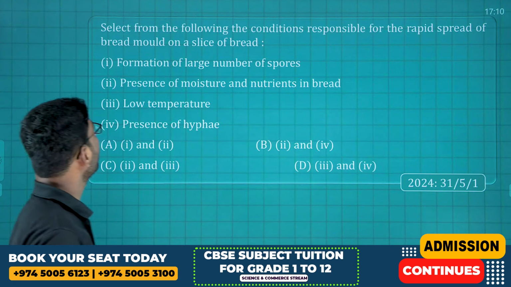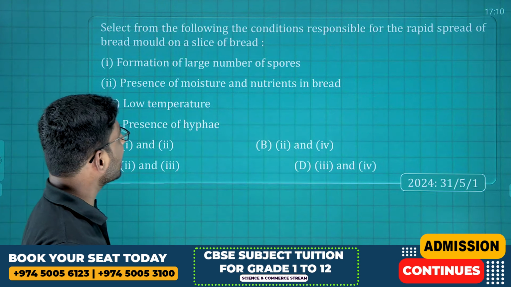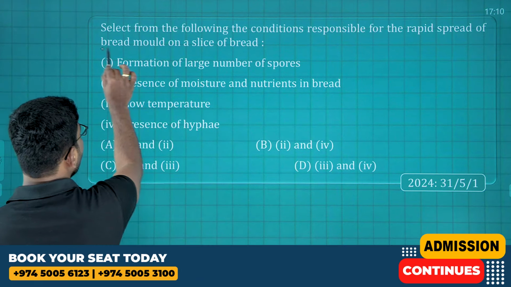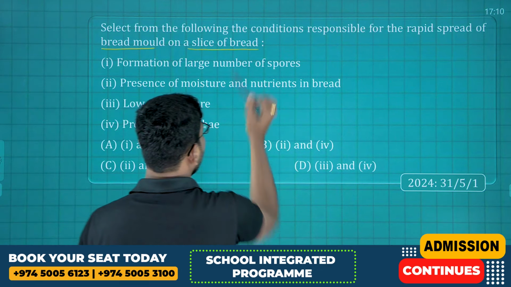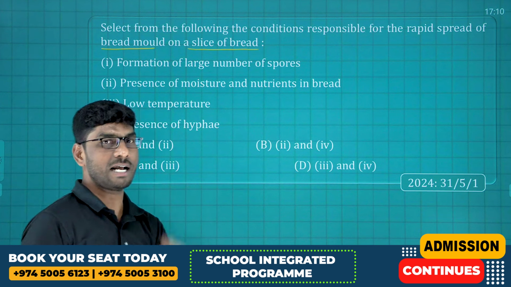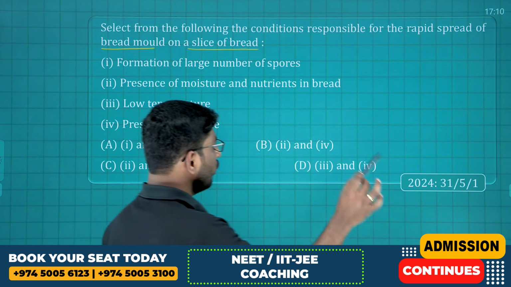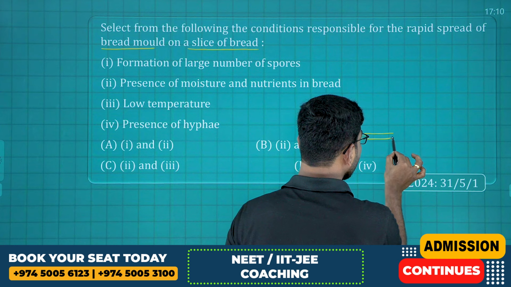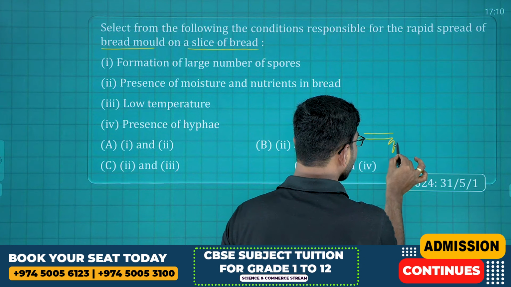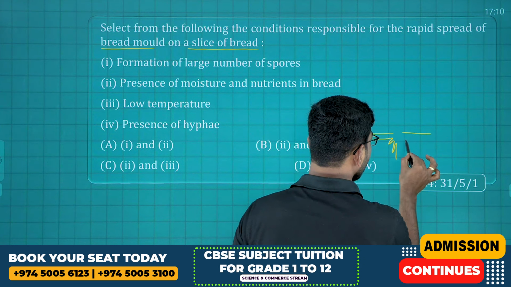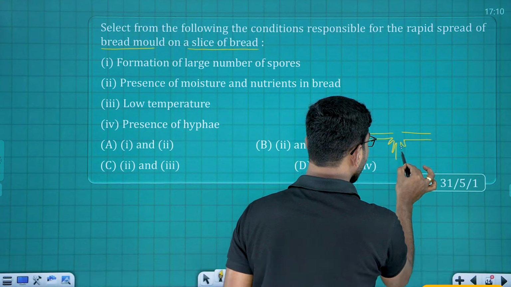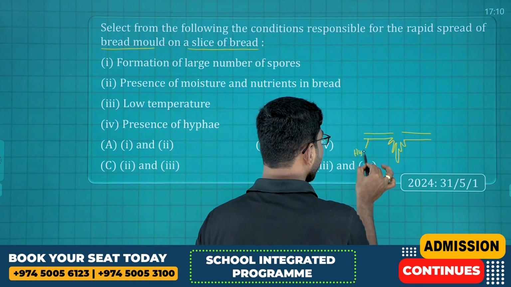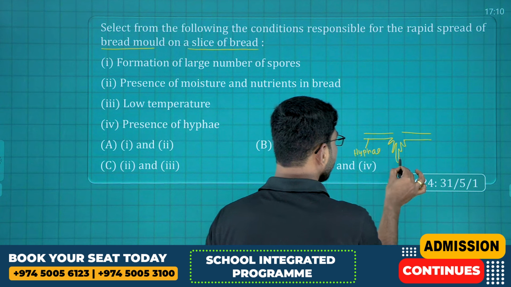Again 2024. Select from the following the condition responsible for the rapid spread of bread mold on a slice of bread. Rhizopus, they are asking. We know this is hypha. On the lower side of the hypha, what is there? Rhizoid-like structures are there. These are rhizoids and this is hypha.